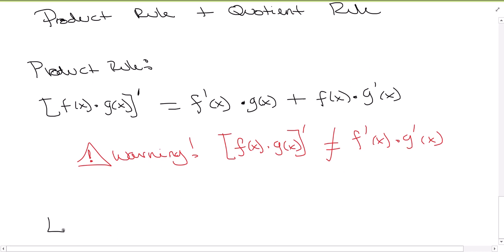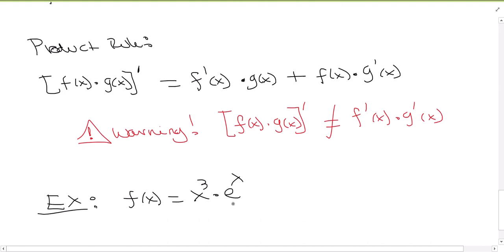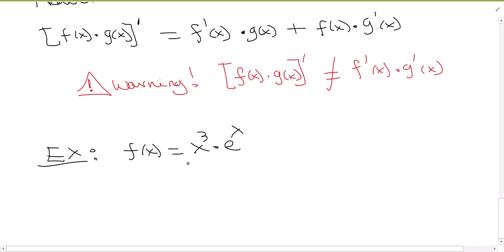So for the first example that I have, f of x equals x cubed times e to the x, with the product rule, I'm not going to say 3x squared times e to the x. That is not what that is. So here I'm going to have to use my product rule. That is my first function. I usually tend to call them first and second instead of f times g, just because the names are confusing, like this is f of x.